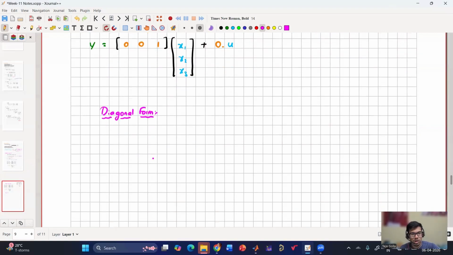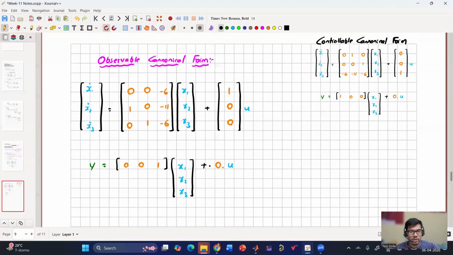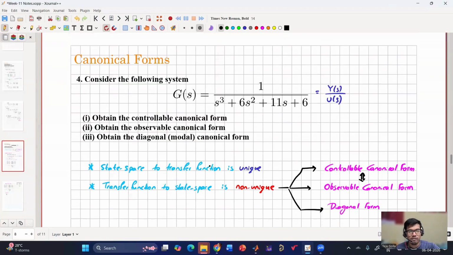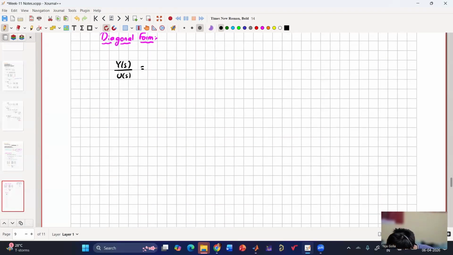Okay. So for the diagonal form, y of s by u of s is given by 1 by s cube plus 6s square plus 11s plus 6. Say this is a third order system, right?